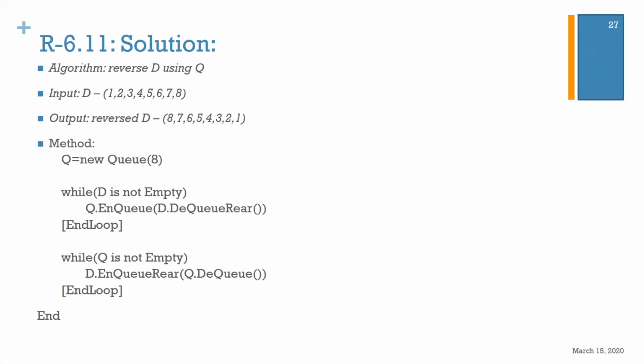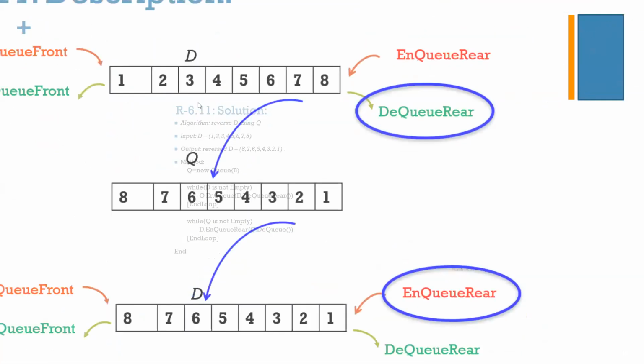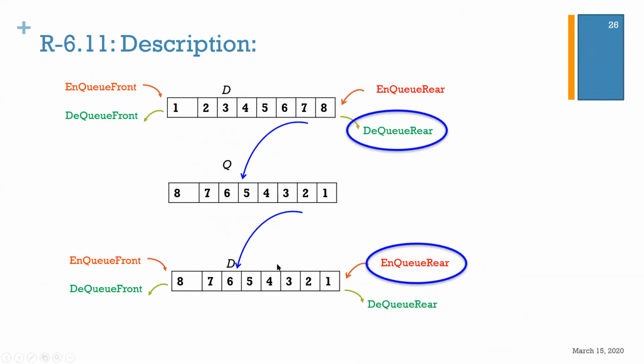Back to the algorithm for reversing D using a Q. But take care here, you should understand the problem. We need our result in D, not in Q. Okay, our result should be in D. In Q it is very easy to DQ from the rear and NQ at the rear, that's okay for Q, but our result should be in D, right?